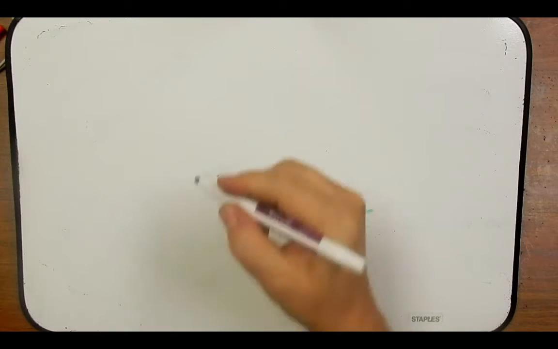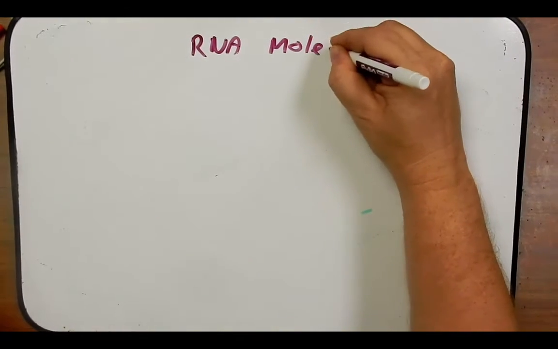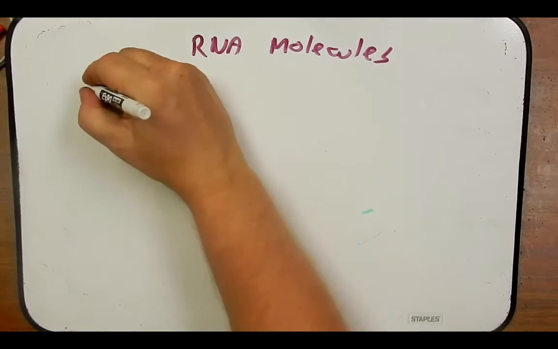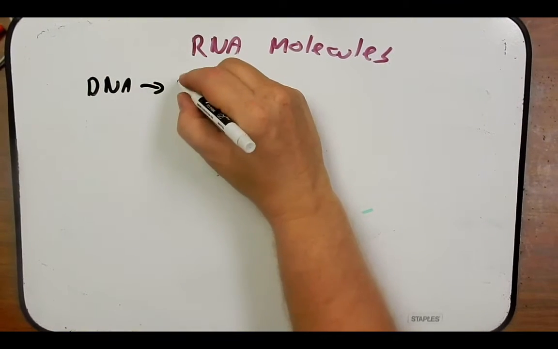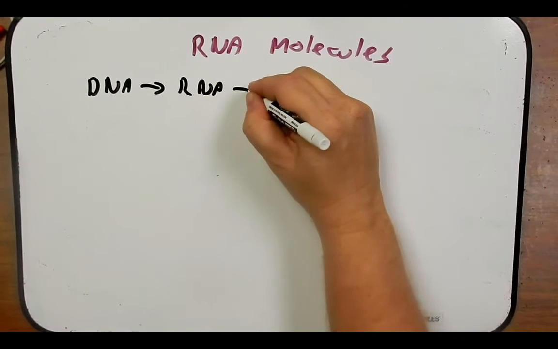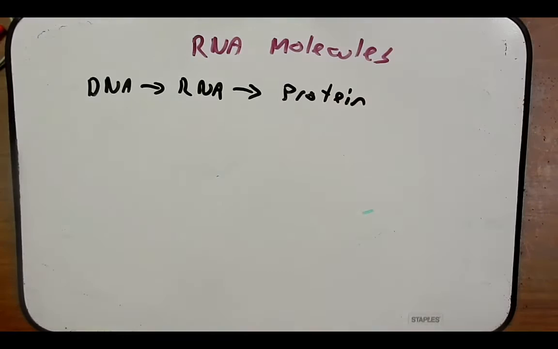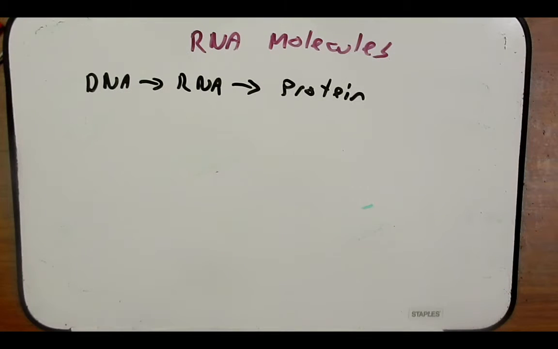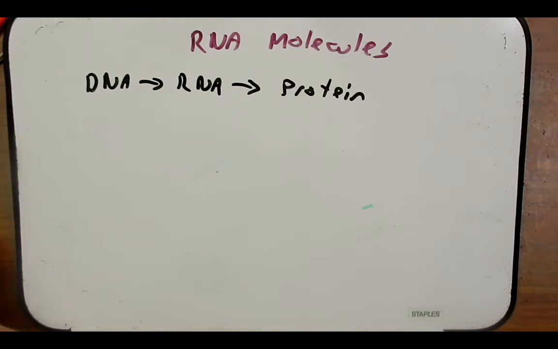What I want to do now is spend a little bit of time talking about RNA molecules. If you remember the central dogma, DNA to RNA to protein, a lot of these RNAs are involved in this process, particularly the ones you are probably the most familiar with. And we know that this process is going from DNA to RNA. What we're really talking about here with the RNA is messenger RNA.